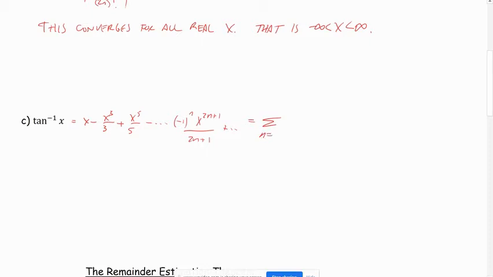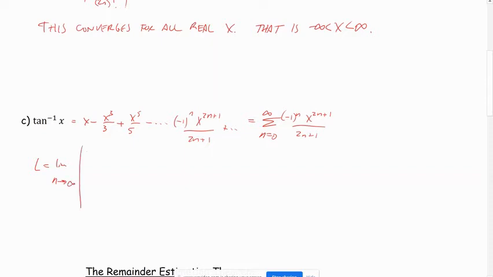So we can write that as a sum, as n goes from 0 to infinity, of negative 1 to the n, x to the 2n plus 1 over 2n plus 1. And so if we set this up with the ratio test, L equals the limit as n approaches infinity.